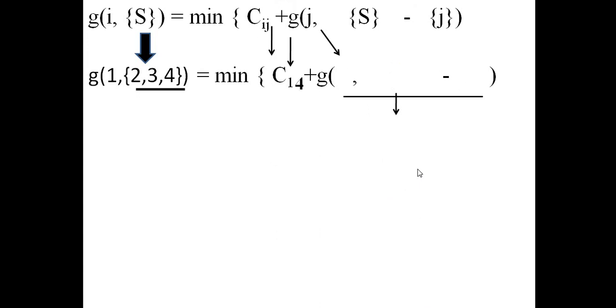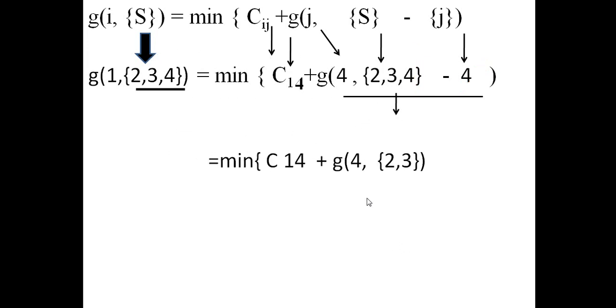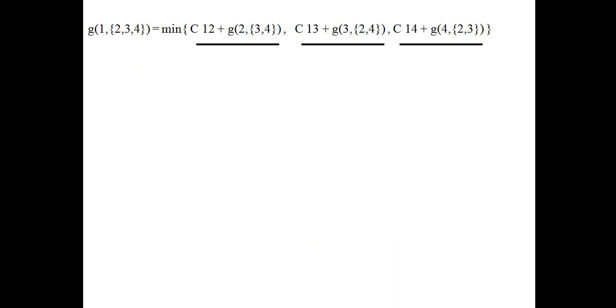Just write it in your notebook and you will come to understand. Next, S values are 2, 3, 4 and j value is 4. You exclude 4, and the remaining are 2 and 3. Just write 2 and 3.